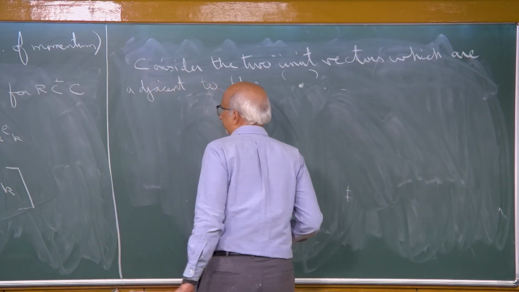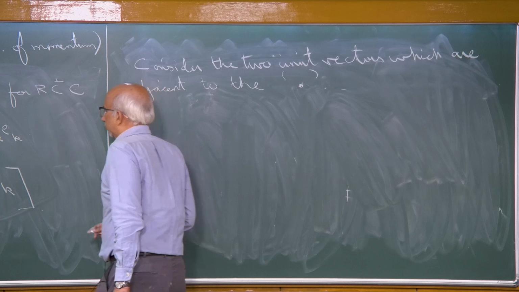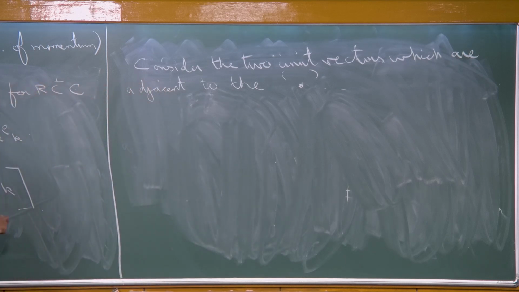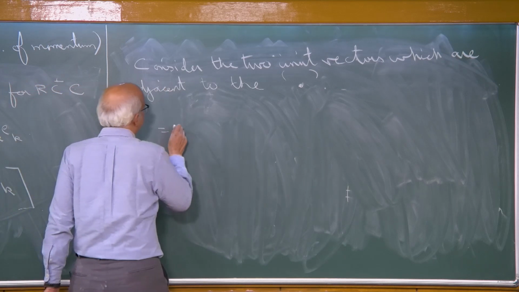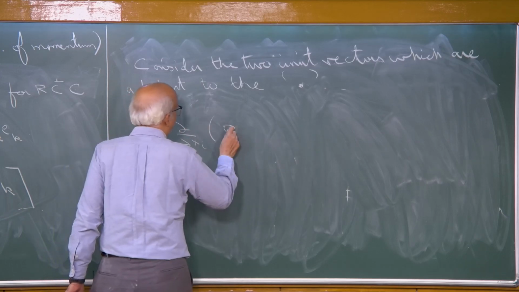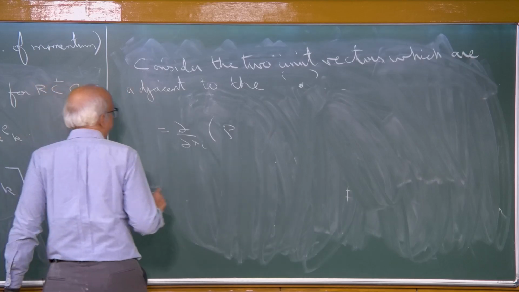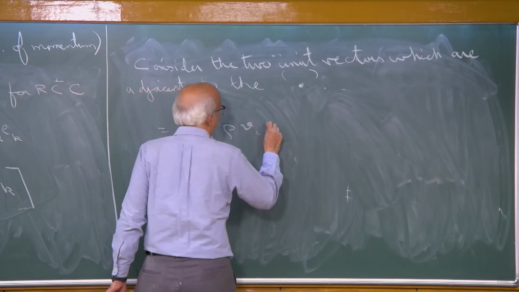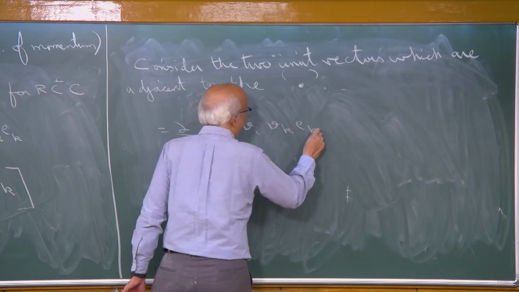That is what I have done. Now, how do I expand this out? d by dx_i of rho V_i V_k E_k.